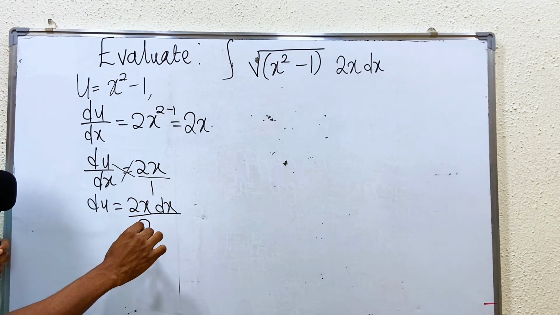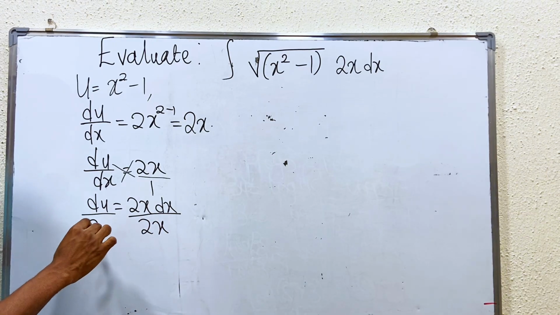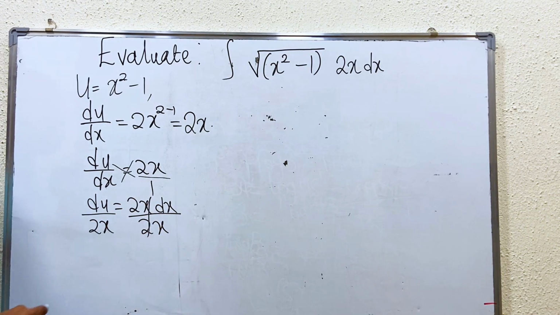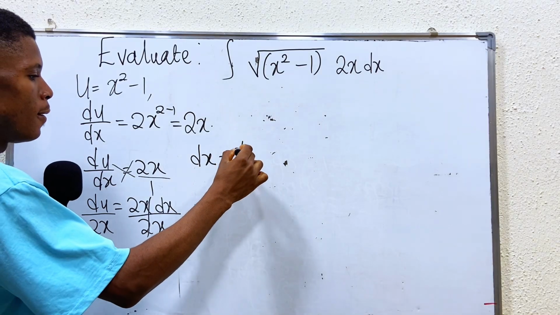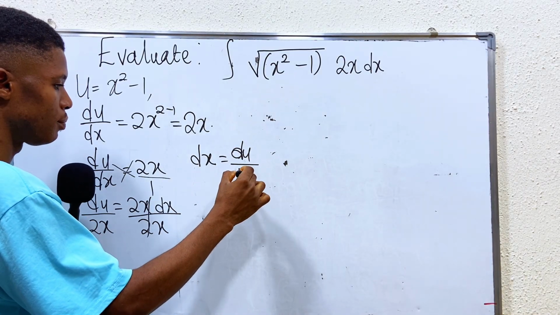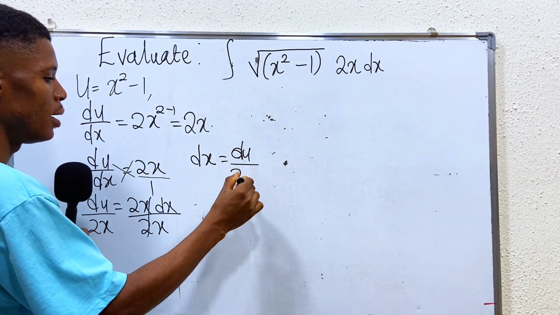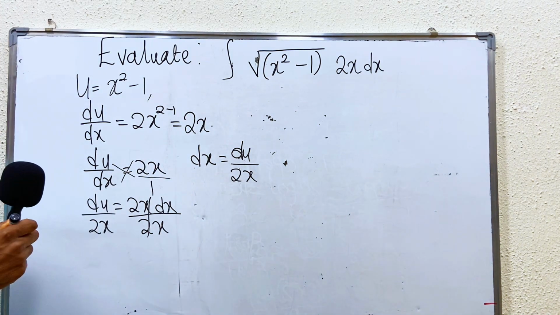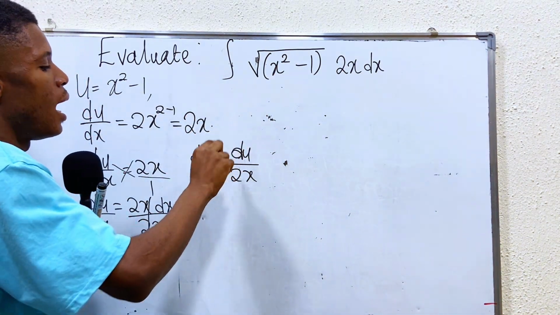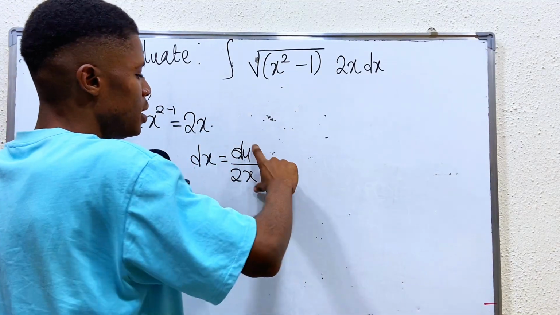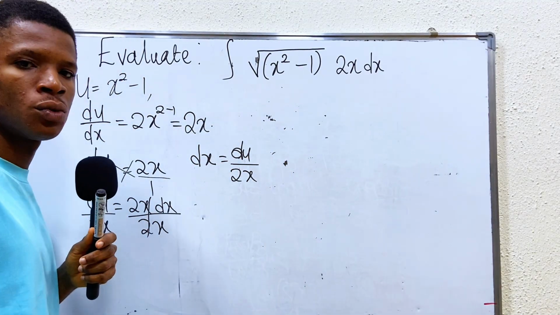So you can see that we divide through by 2x. If you divide by 2x, you see that dx is equal to du over 2x. So all we have to do is to plug in u to be this in the box and also plug in dx to be du over 2x.